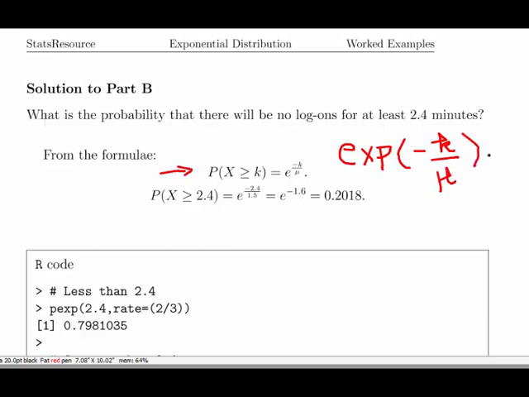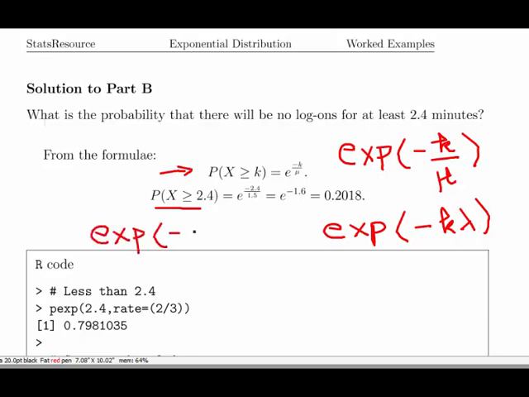Equally you could write that as the exponential of minus k times lambda, but for simplicity we'll use minus k over mu, because we were asked what mu was in the previous question. So using the formula sheet, the probability of x greater than 2.4 is the exponential of minus 2.4 divided by 1.5.